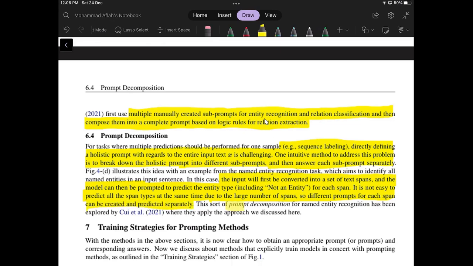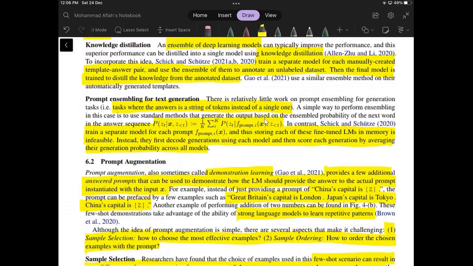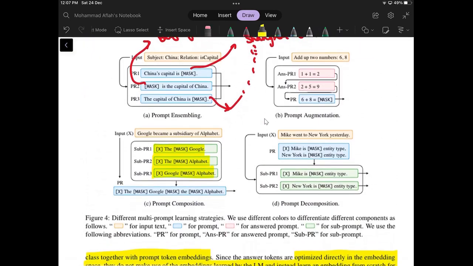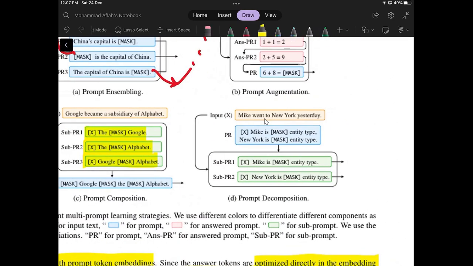This sort of prompt decomposition for named entity recognition has been explored by Suri et al. So again, going back to the example, you had this sentence, "Mike went to New York yesterday", and then you create two prompts, "X, Mike is [mask] entity type", and "New York is [mask] entity type". These are two prompts, and then you can create subprompts from that.